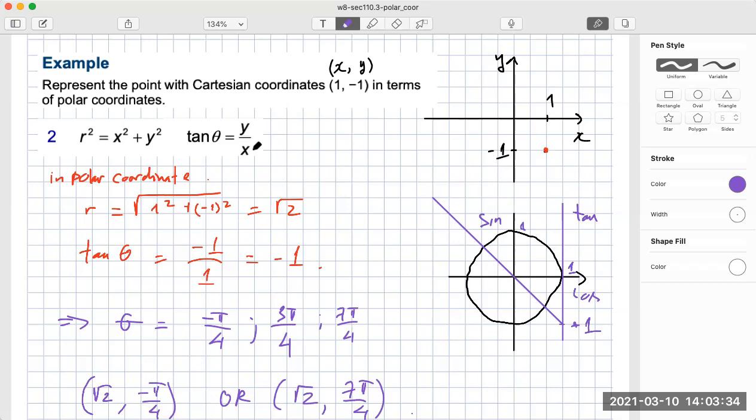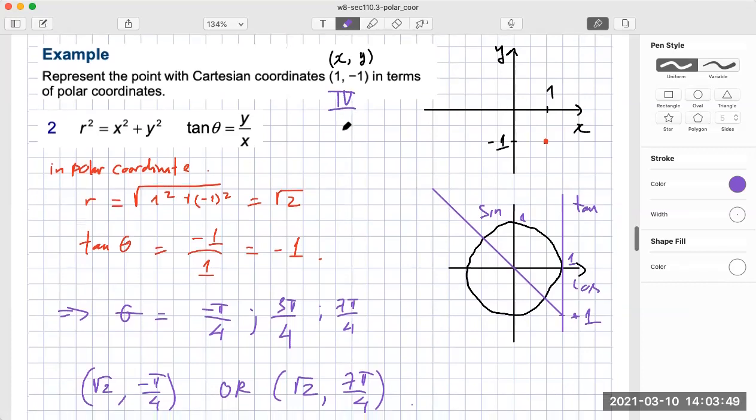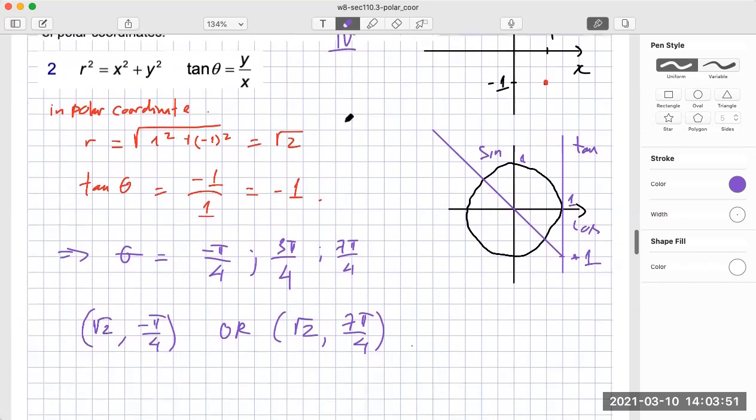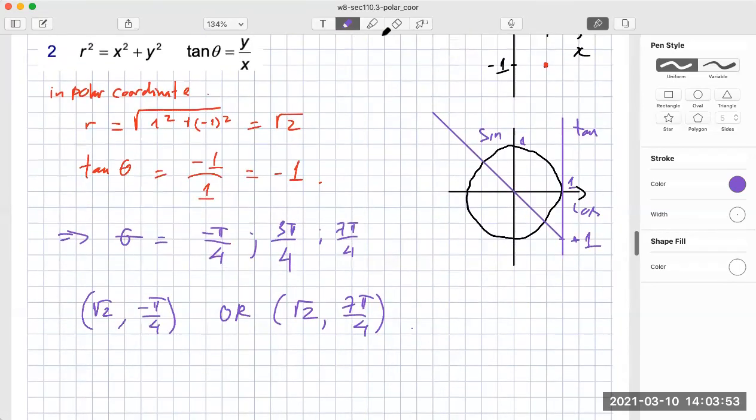The polar coordinate will also be. So remember, this point is in quadrant 4, so in polar coordinates it should also be in quadrant 4. But the point here with theta 3 pi over 4 is in quadrant 2.